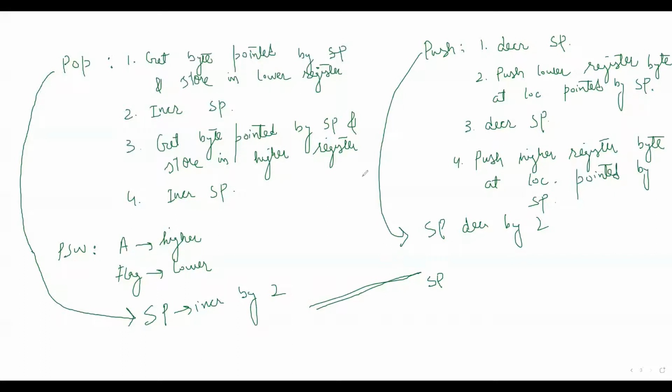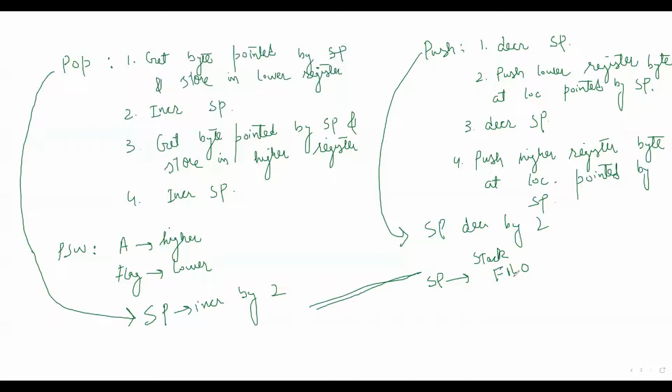Okay. Also, from these operations, you can see that we can access stack memory via stack pointer in first in, last out order. So that means the data that has been put last will be the first data that will be popped out. We cannot take the data in between.